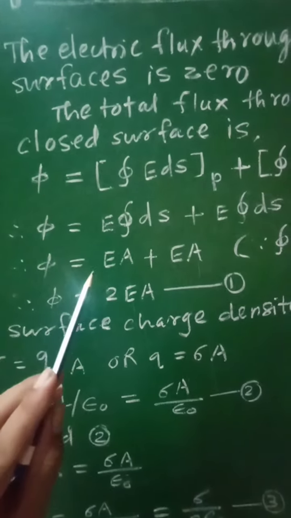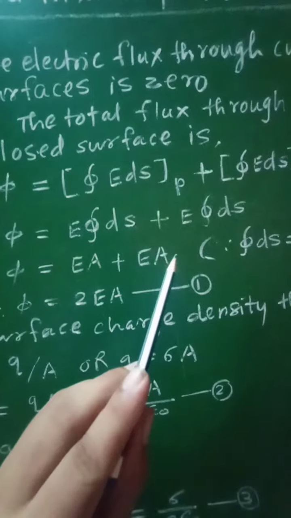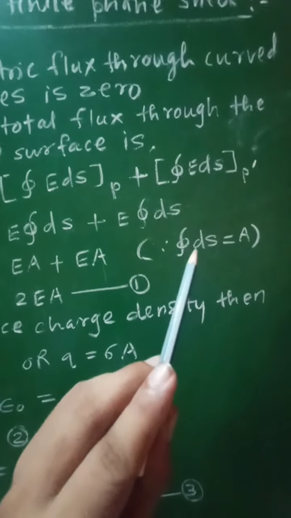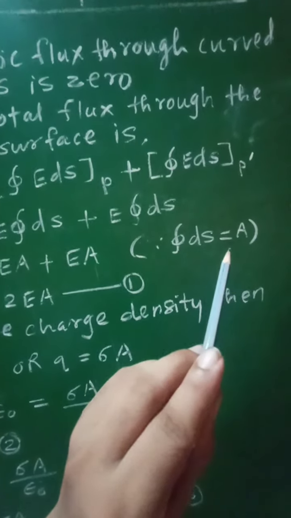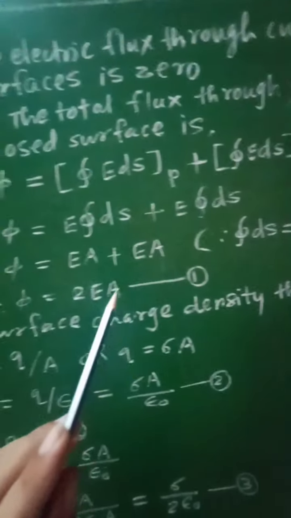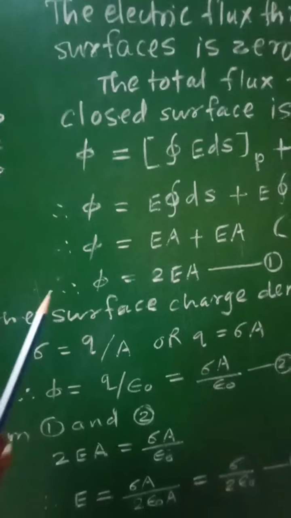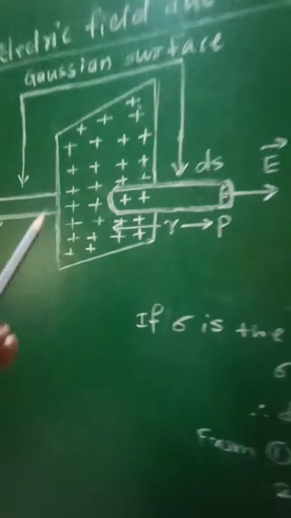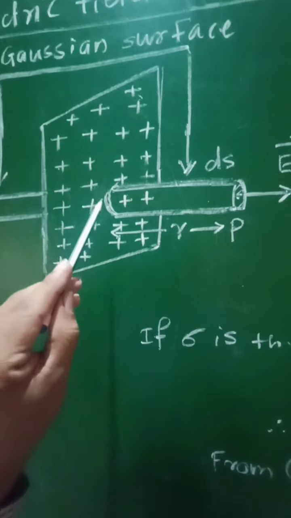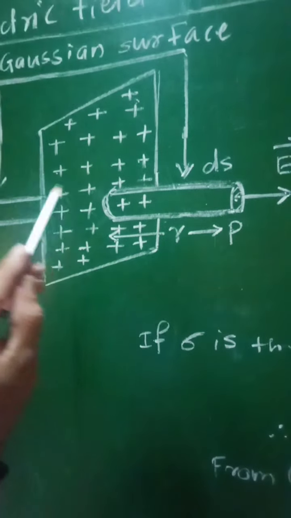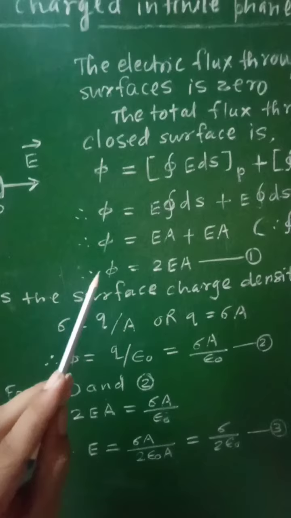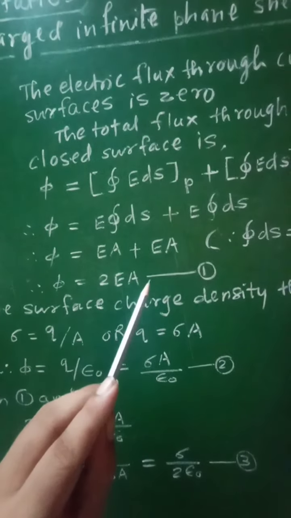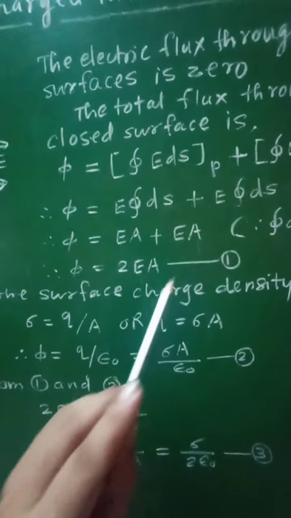Therefore phi equal to EA plus EA, since integration over closed surface ds is equal to A, that is the area of that plate. So here both the surface areas of the plate are considered, that is towards right as well as left. Then phi will be equal to 2 into EA, equation number 1.